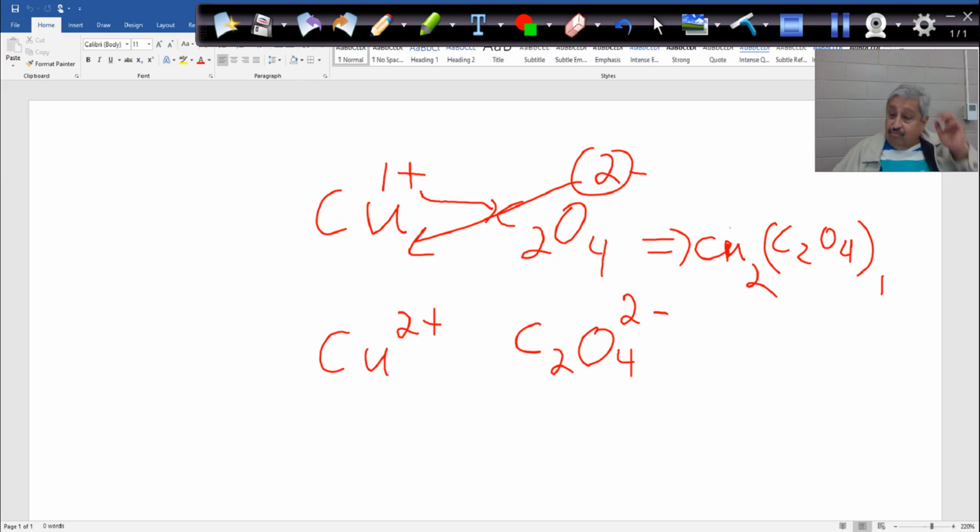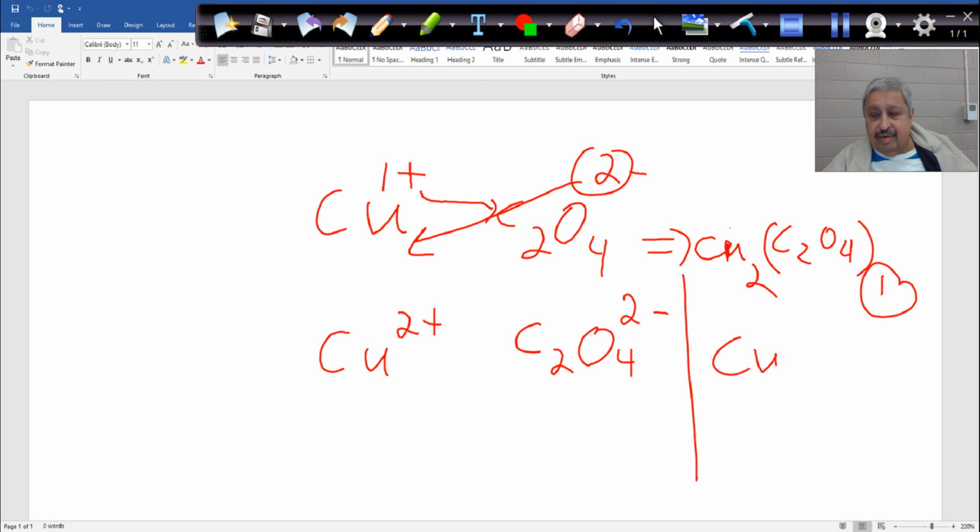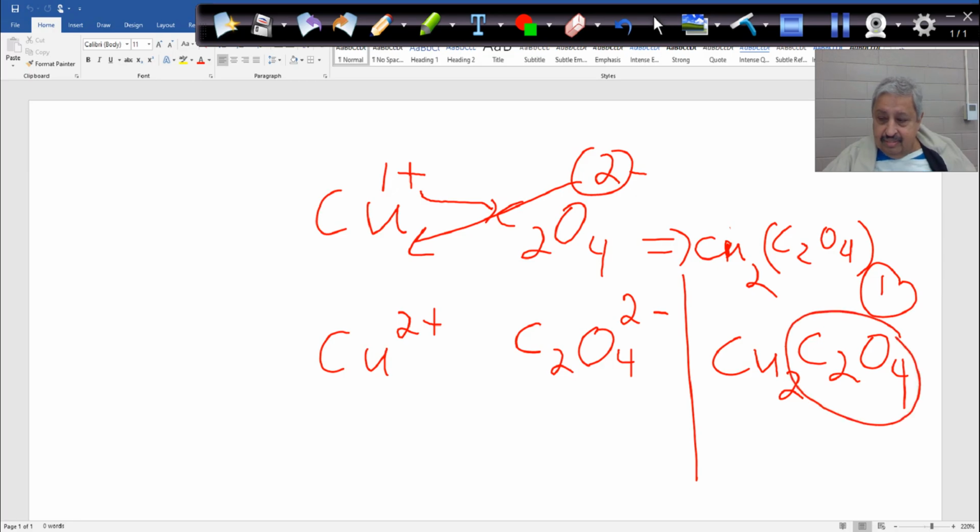Now, since we have 1, no need for the 1 here. So I can write it Cu2 and then C2O4. So understood, when I write it this way, it means this here.